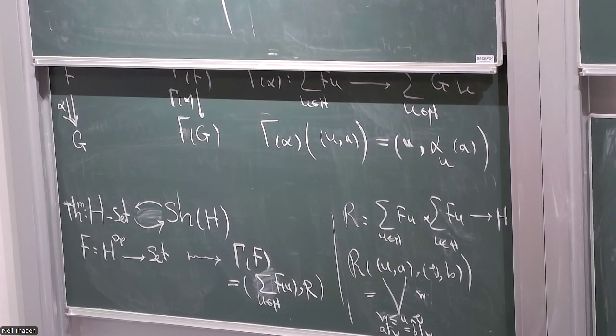That is epic. And this also has a name: it's called a split epic. The definition is exactly this: f from A to B is a split epic when you have a section of it.